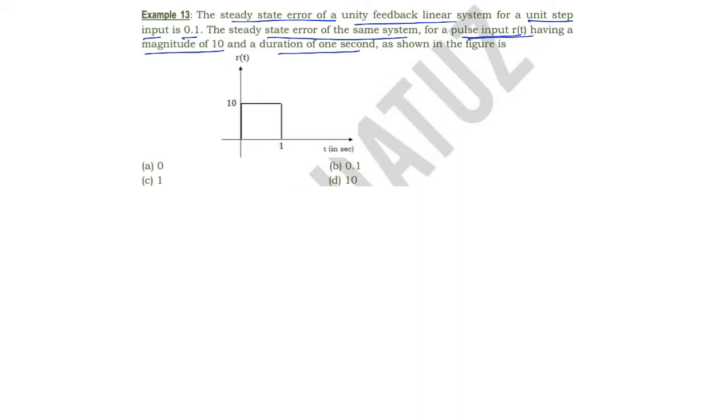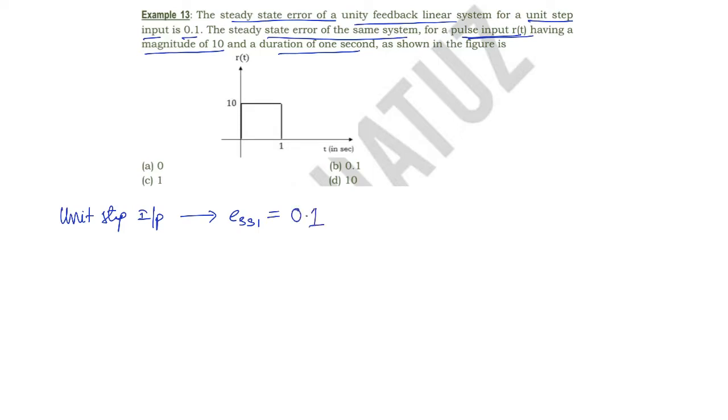So it is given that for a unit step input, the steady state error, let us take it to be ESS1, because we are dealing with two different inputs here, is equal to 0.1.